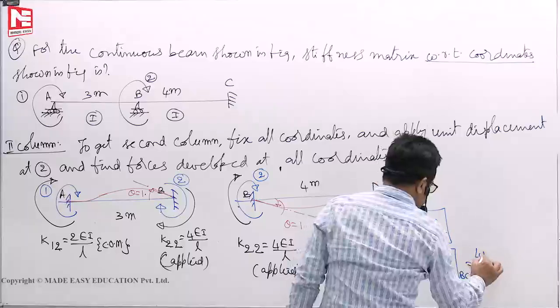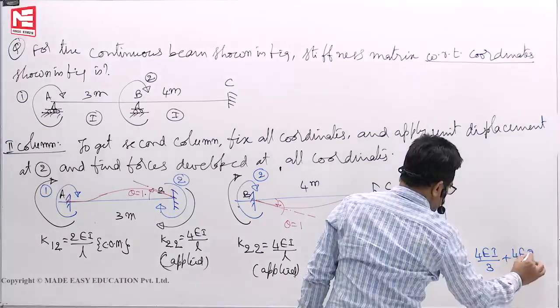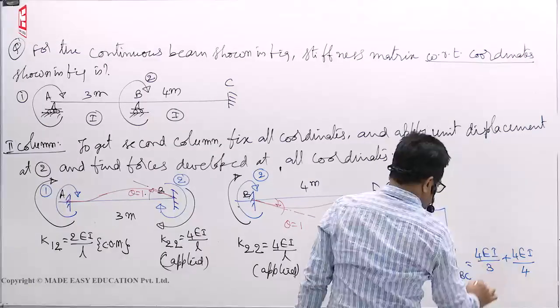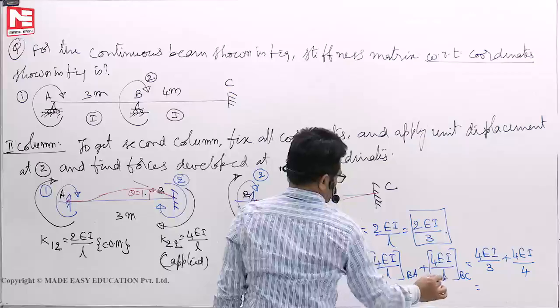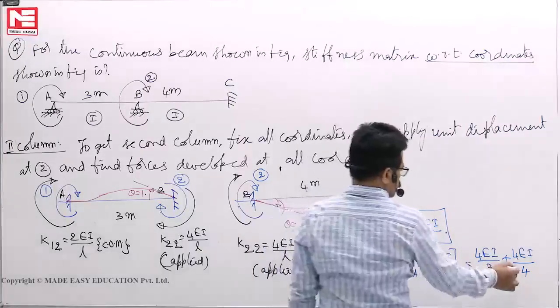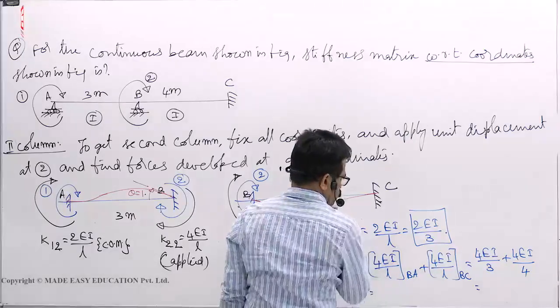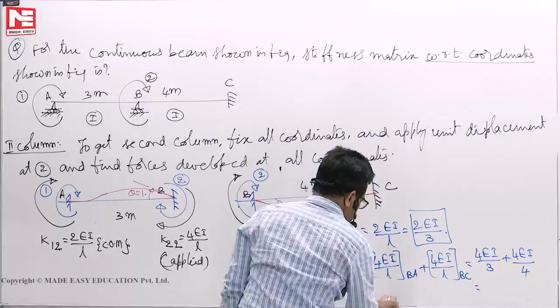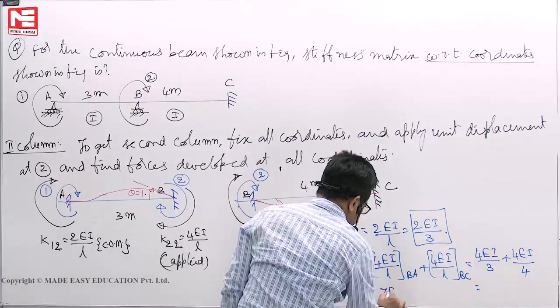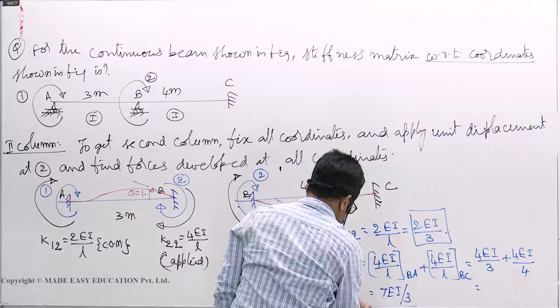So you will get 4 EI by 3 plus 4 EI by 4, so 7 EI by 3. This is K22.